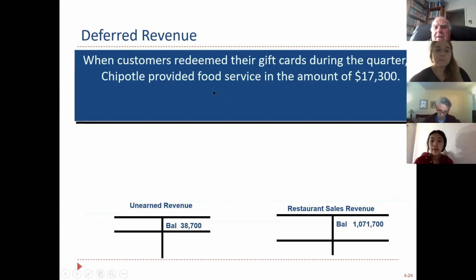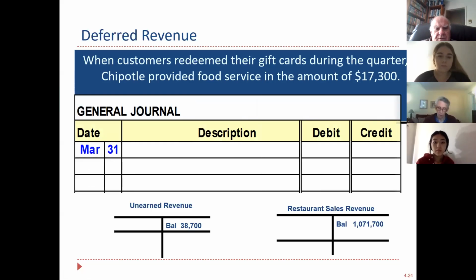Anyway, you go to Nordstrom's and you buy a $100 gift certificate from the store, and then you walk out without using it. Well, Nordstrom's now has money, cash, but they haven't earned any of it yet, right? Because you've not bought anything. So what will our journal entry be?